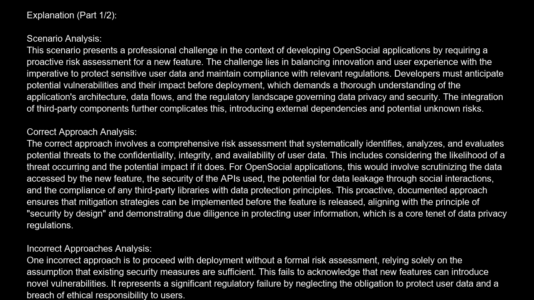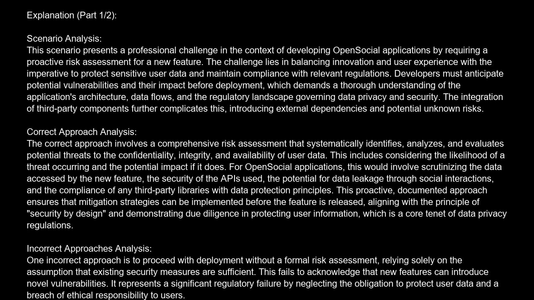This proactive, documented approach ensures that mitigation strategies can be implemented before the feature is released, aligning with the principle of security by design and demonstrating due diligence in protecting user information, which is a core tenet of data privacy regulations.